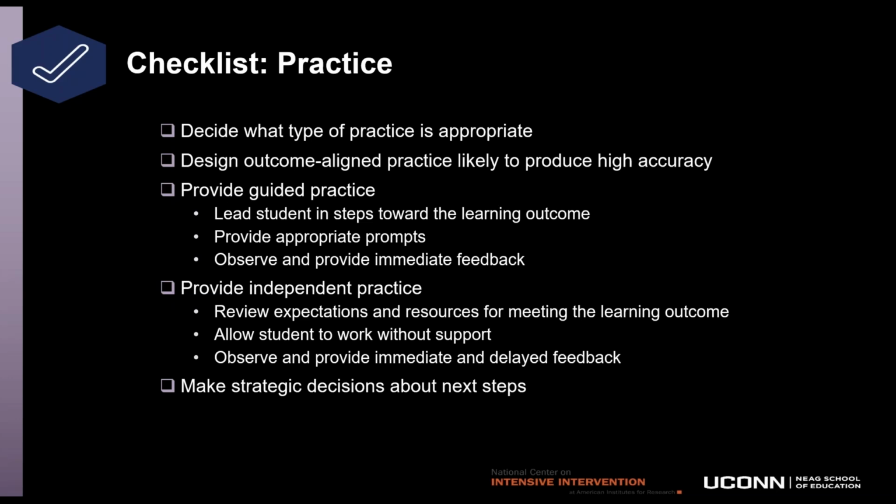In independent practice, 90 to 95% accuracy. Then we're either going to provide guided or independent practice. And then at the end, we make strategic decisions about what to do next. For example, will we move on to the next skill, or will we expand students' thinking by perhaps using a different type of instruction, not explicit instruction, to expand students' understanding? And that strategic decision is up to the teacher.